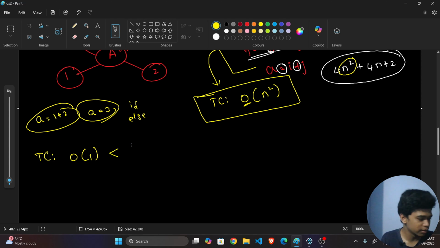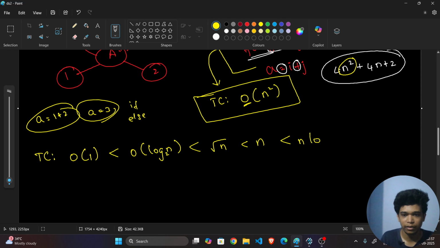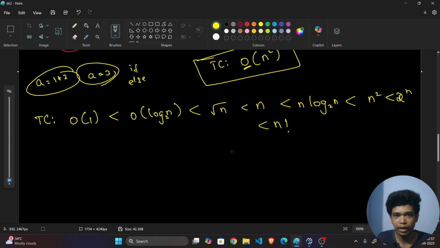Will be less than O of log n base 2, less than root n, less than n, less than n log n base 2, less than n square, less than 2 power n, which is less than n factorial. So remember this time complexity order.